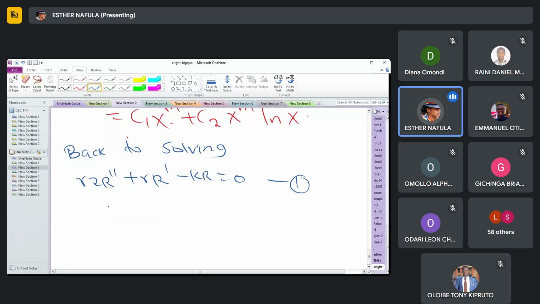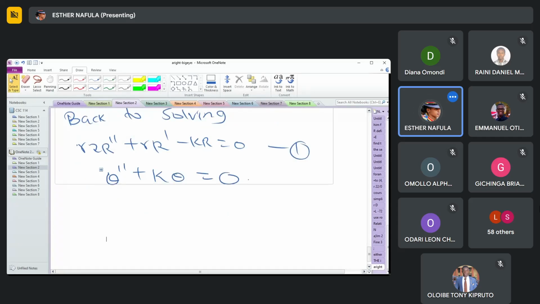That was the first equation. Theta double prime plus k theta equals 0. So remember, we arrived at these two equations by setting the two equal to some constant k.